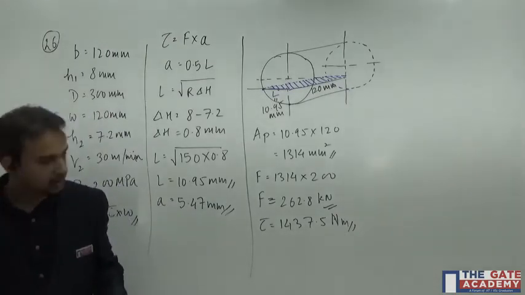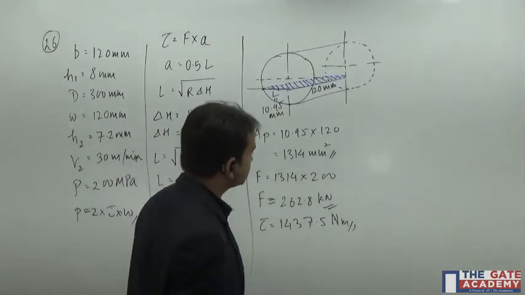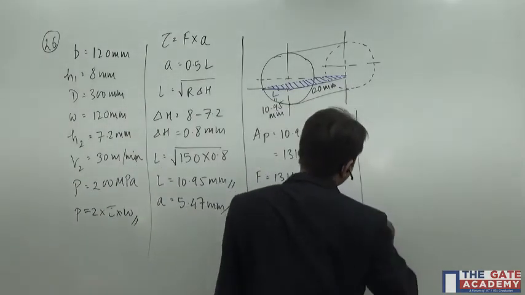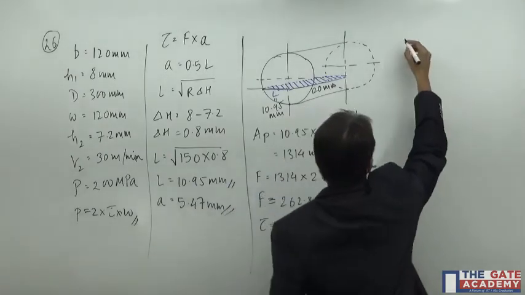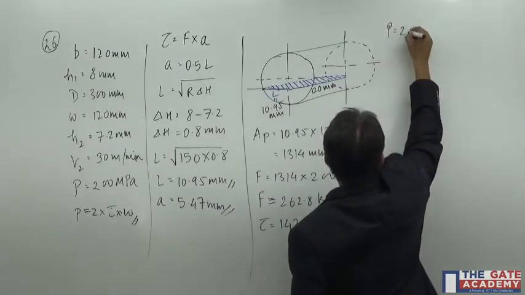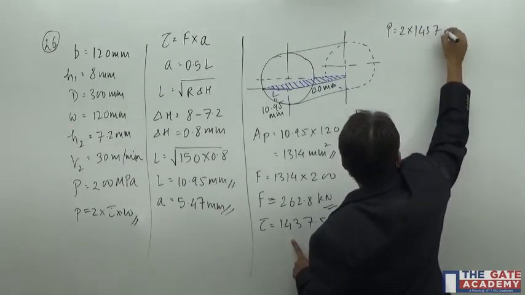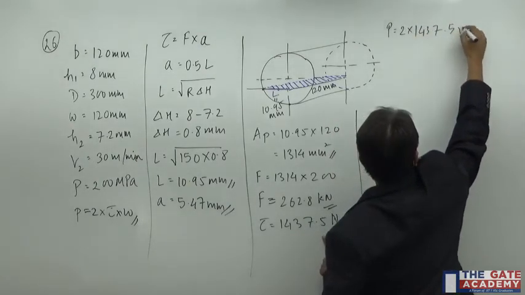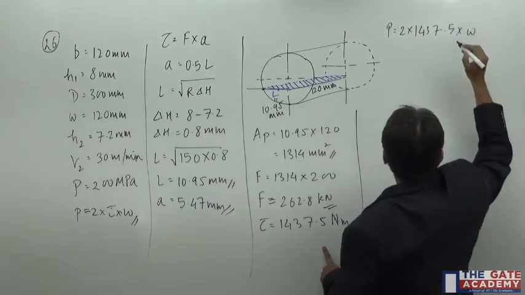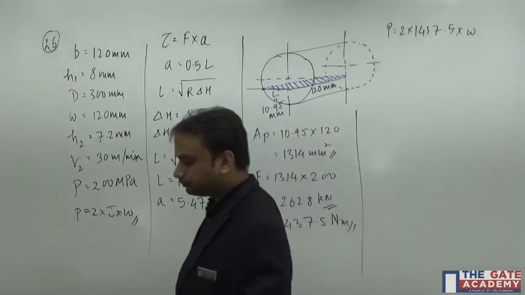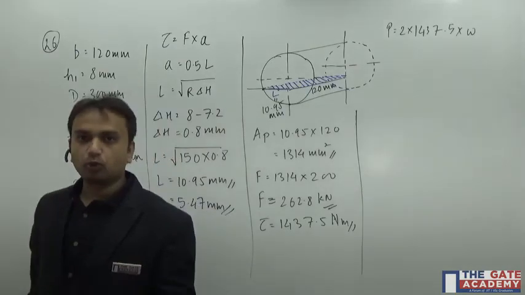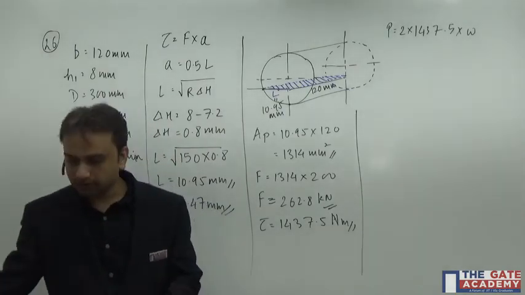Now you have to calculate the power. So for power, simply power is equal to 2 into 1437.5 times omega. Now what is omega? Omega is 2 pi n by 60, right?